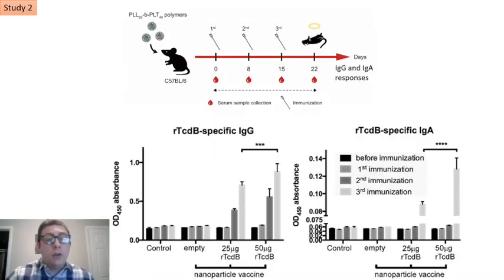So following a very similar model of immunization and blood collection and infection, these mice again produced significant levels of antigen-specific IgGs and IgAs. However, this was after the third immunization where we see the large jump of significance.